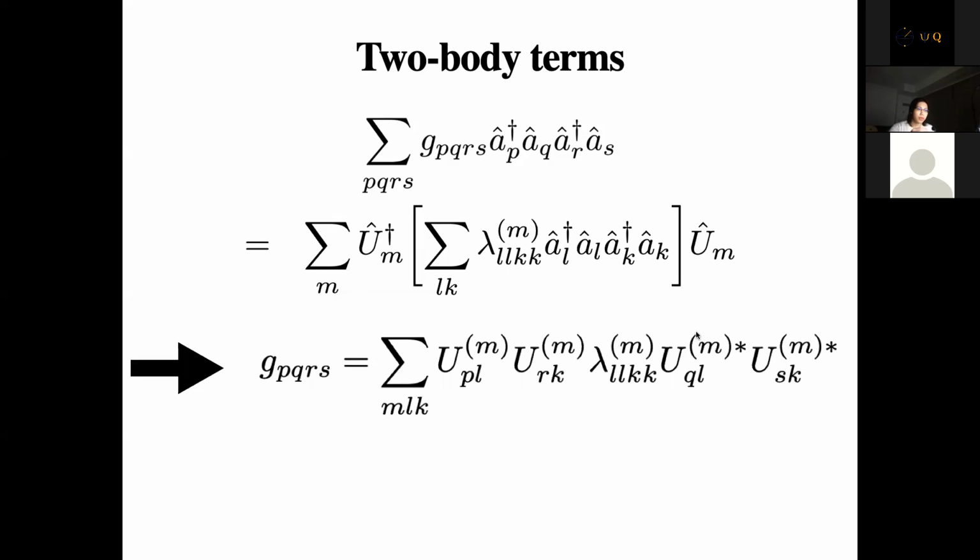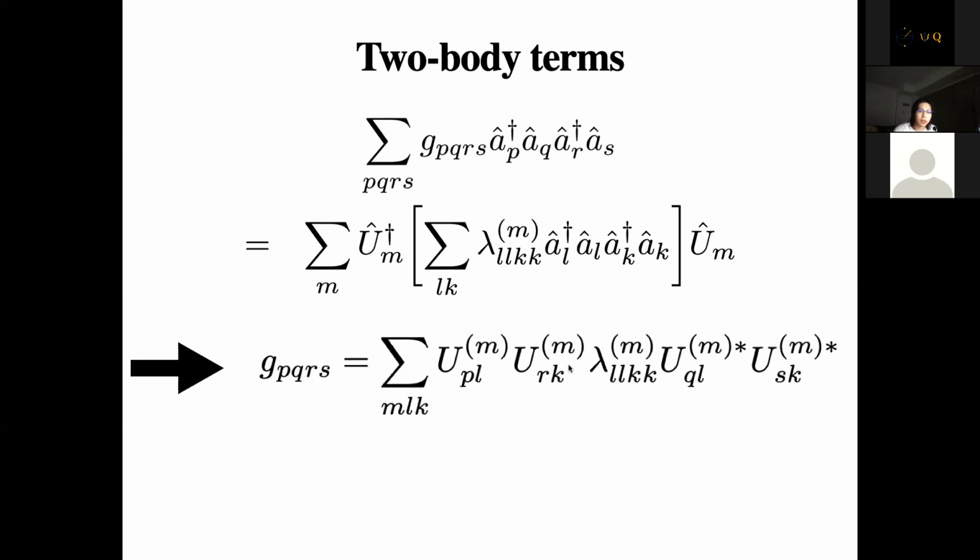There's a way to get rid of all of these operators, again because of the correspondence between a dagger and a to matrices. We can write down this sort of tensor decomposition for the four-dimensional array g_pqrs.